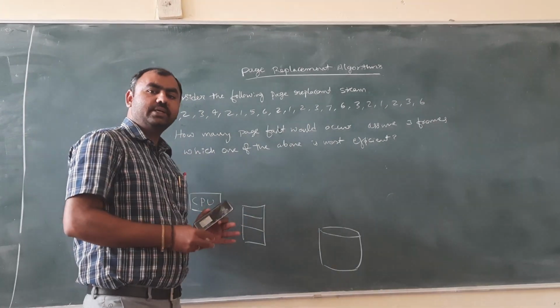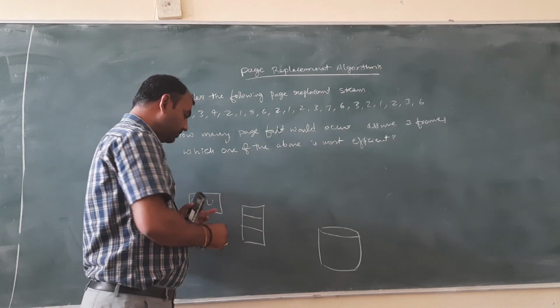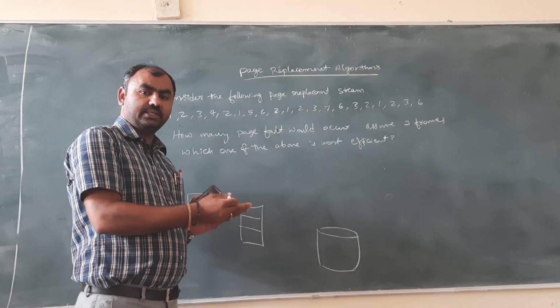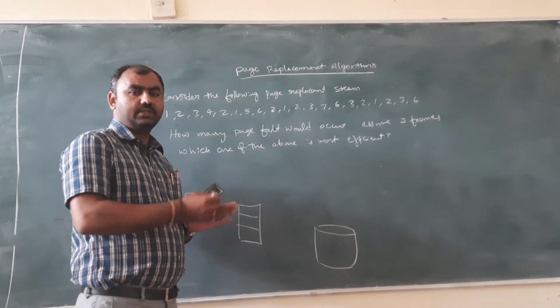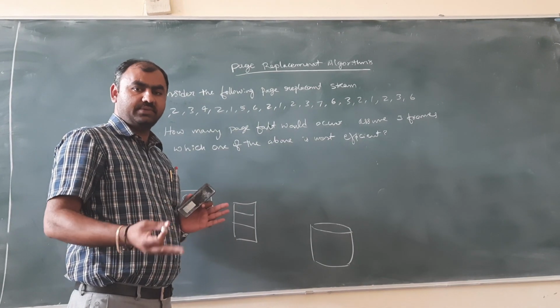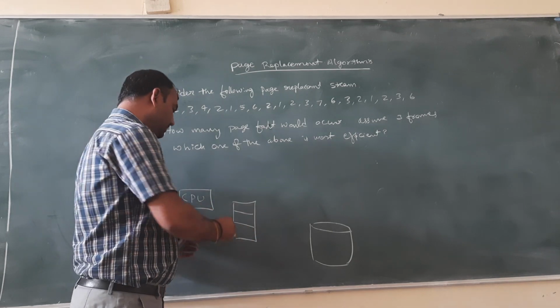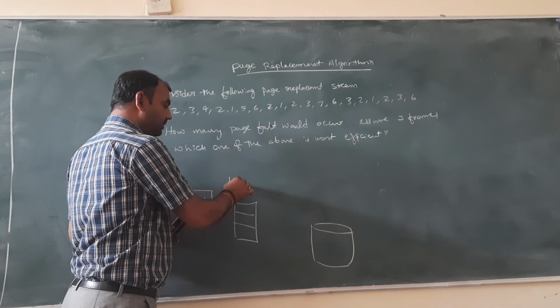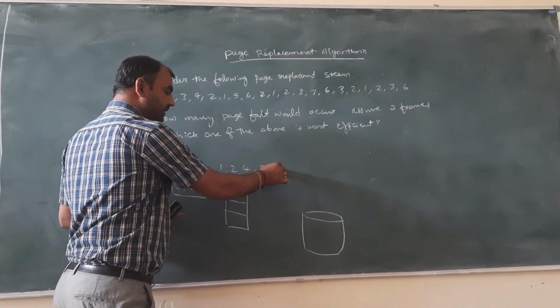When you want to execute that process, the CPU will request that process page by page. We divide the whole process into different pages and store it in the secondary storage. The CPU first asks for page 1, then page 2, or then it may require page 4, page 5, page 6.